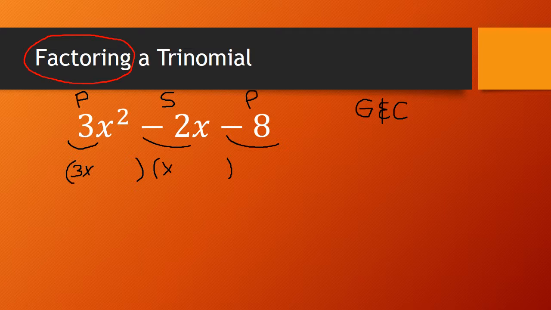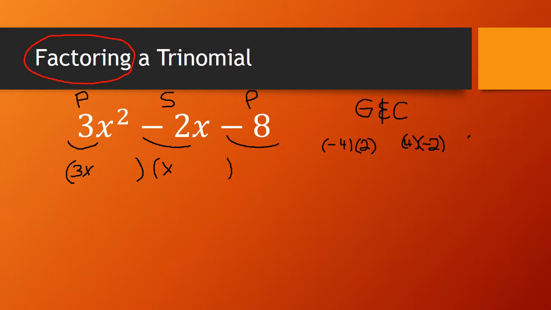I know that the product of the last numbers should be -8. So I'm gonna use -4 and 2, because -4 times 2 is going to give me -8, or 4 and -2, because 4 times -2 is going to give me -8.